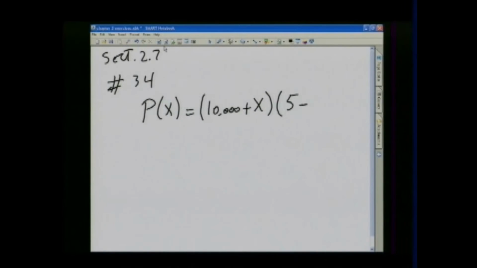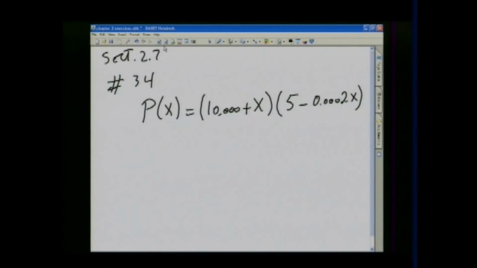So it would be 5 minus 0.0002 times X. Yeah, $5 is the profit per bottle, my mistake.